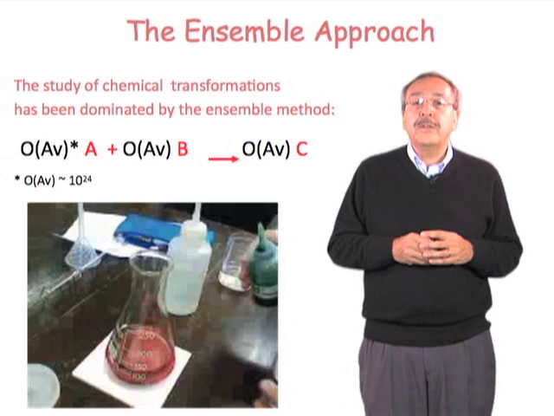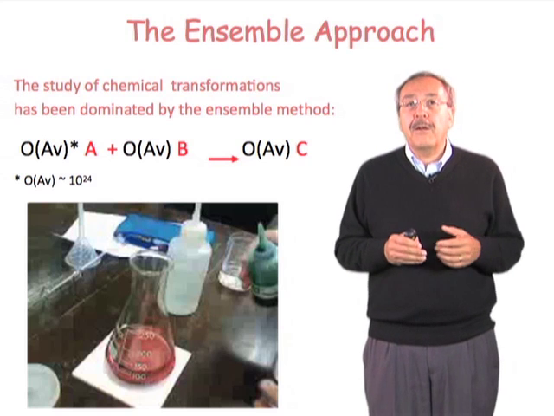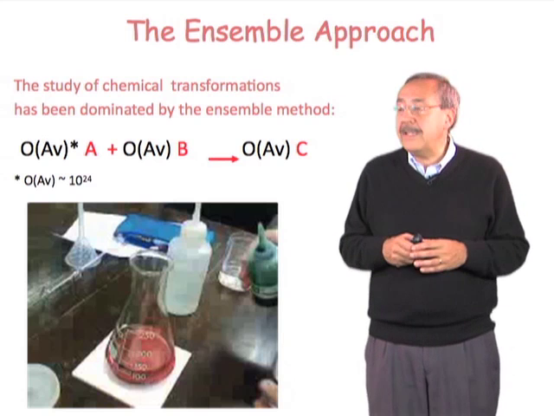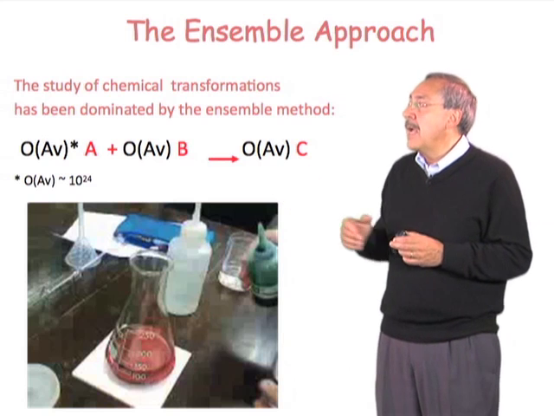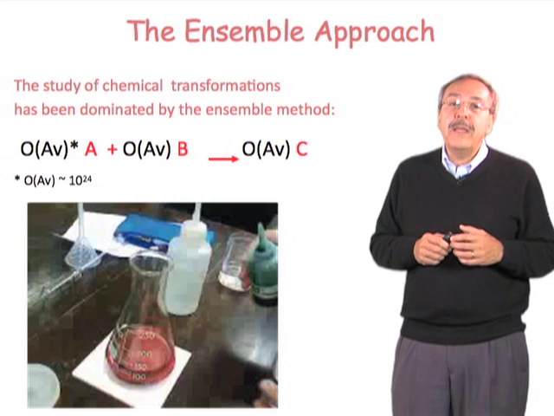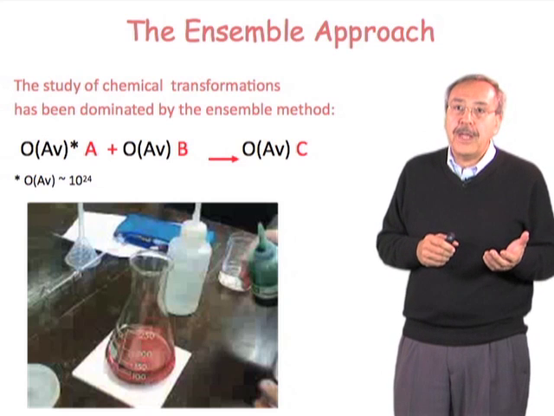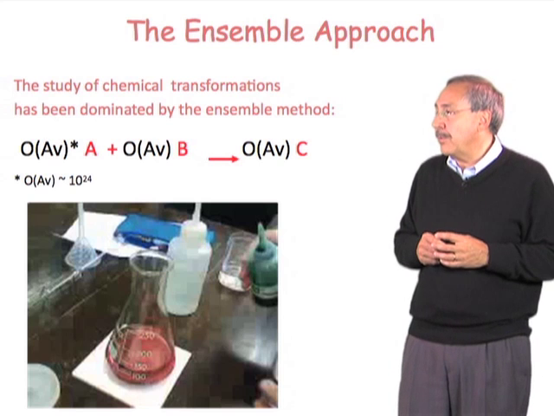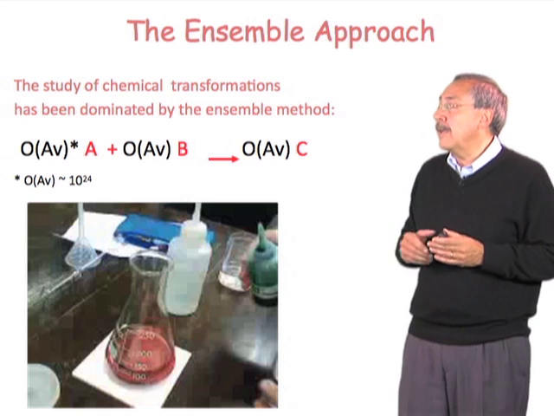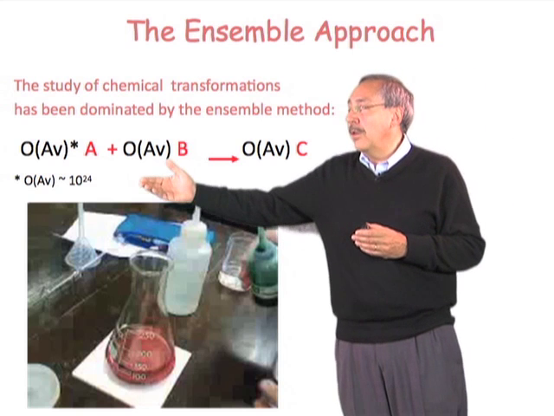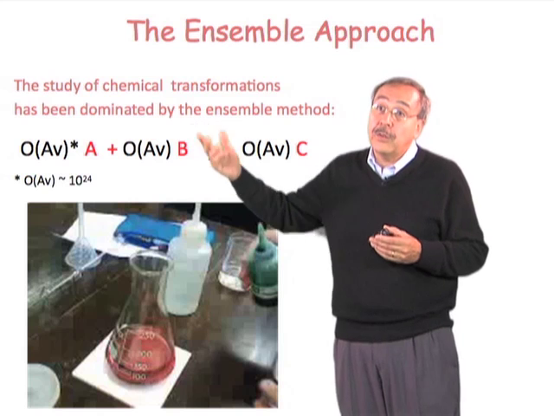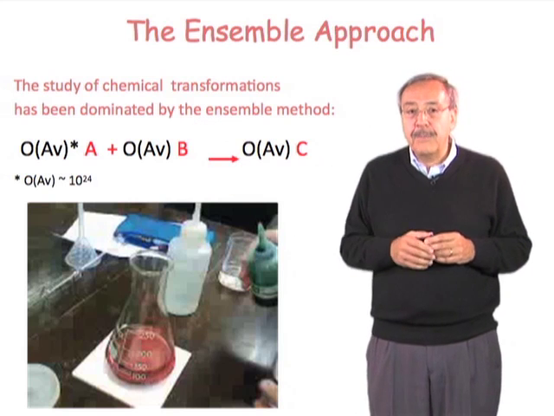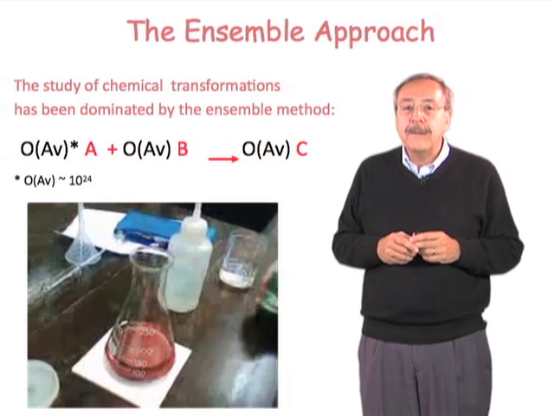In the ensemble approach, you follow a chemical reaction between a component A and a component B to produce a component C. You mix a very large number of molecules of A with a very large number of molecules of B to produce also a very large number of molecules of C. Typically we work with the order of Avogadro's number of molecules, 10 to the 24 molecules.